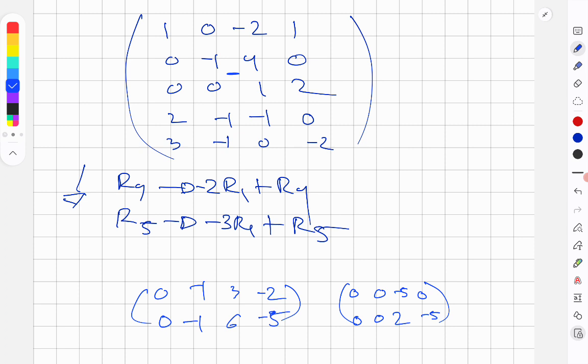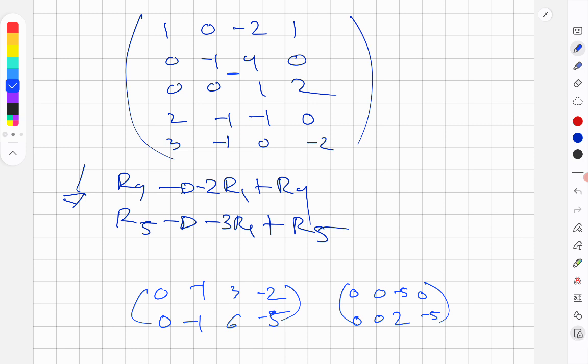Then in the next step, we have -2 here, so we can add it to this one. No, don't ever think to do that. Let's not touch this one, because if I put this one over here, it will always be in this form. Now let's do something with this thing.